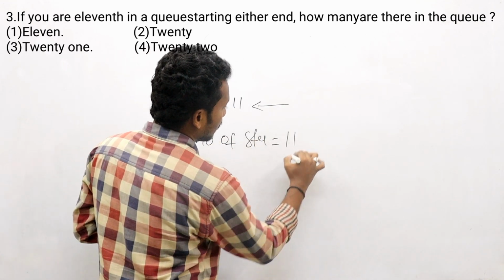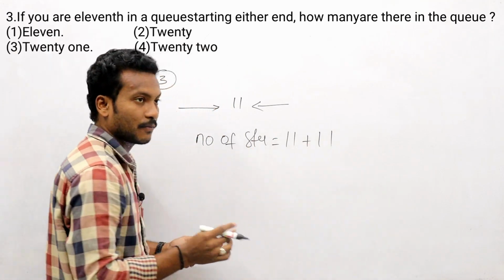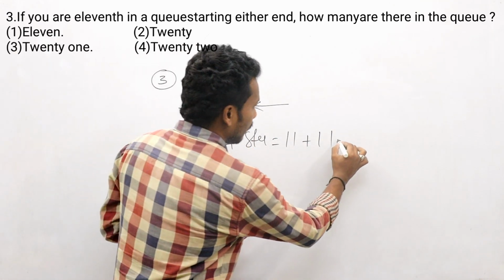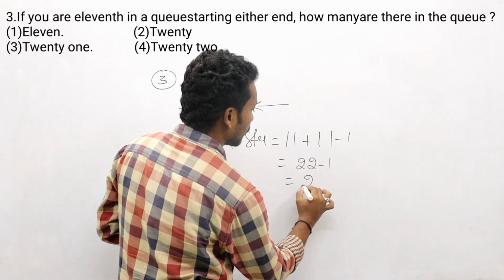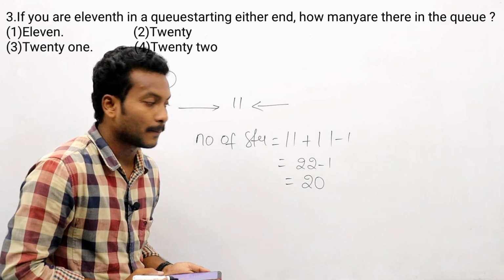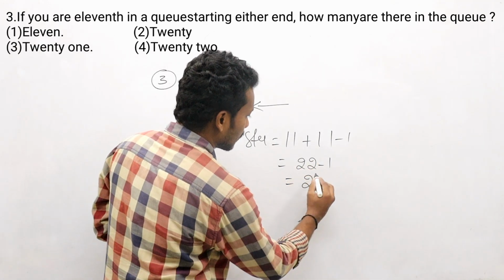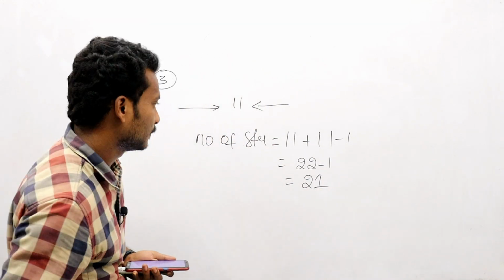From here 11, from here 11. We are counting one position twice, so for finding the number of students, we take minus 1. 11 plus 11 is 22. 22 minus 1, sorry, you get the answer 21. Correct?